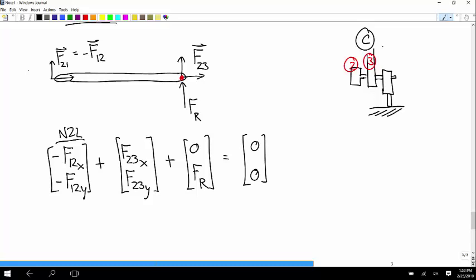And then the moment equation, we have no moment produced by FR or F23. The only moment is the counterclockwise moment produced by the negative F12y. And it has a moment arm of 1.